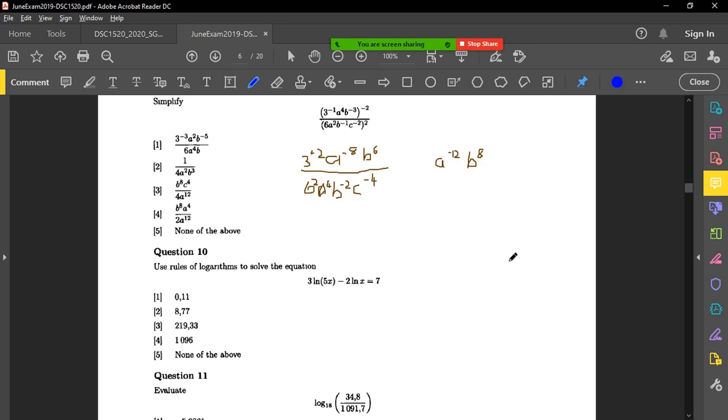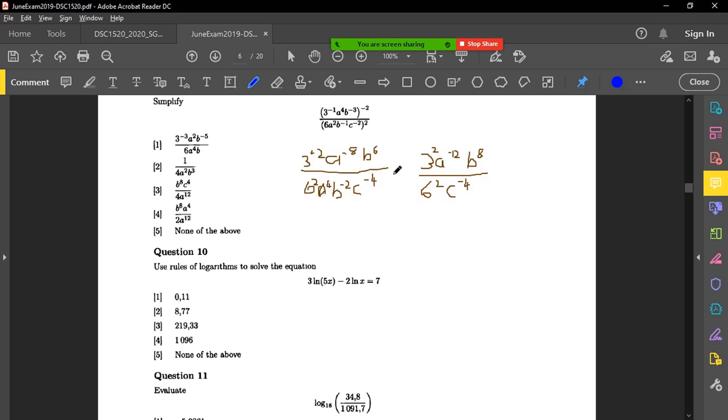And then the C, that we can't do, and then the 3 to the power 2 and the 6, I'll probably leave. 6 to the power 2, then the C to the minus 4.